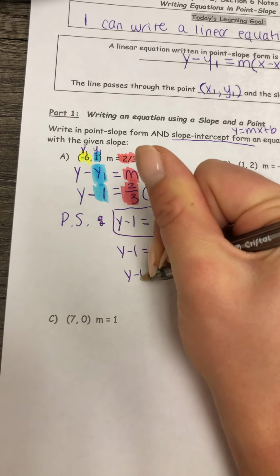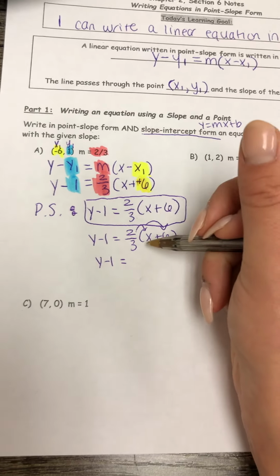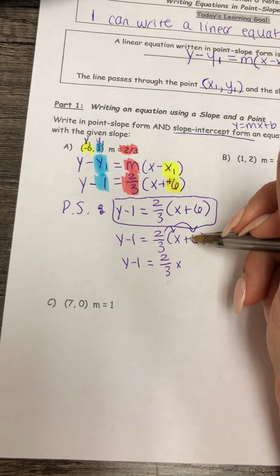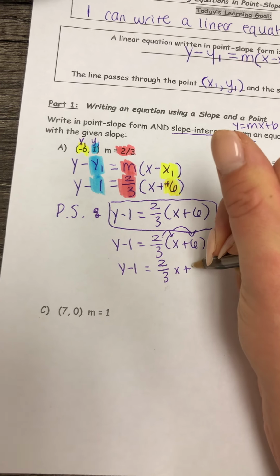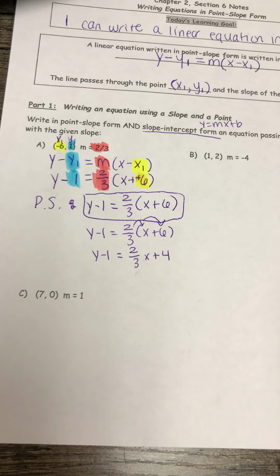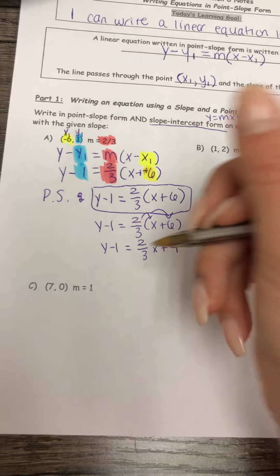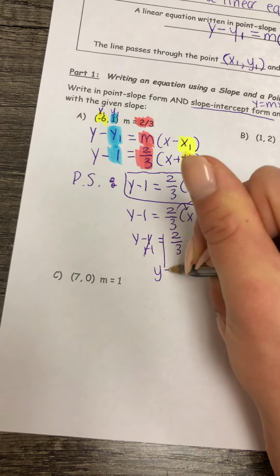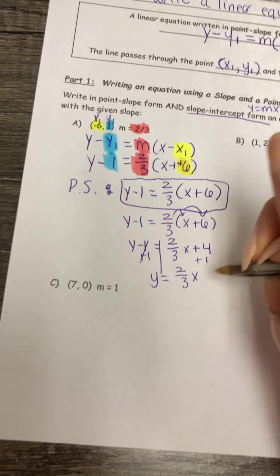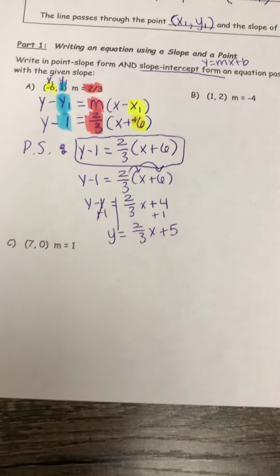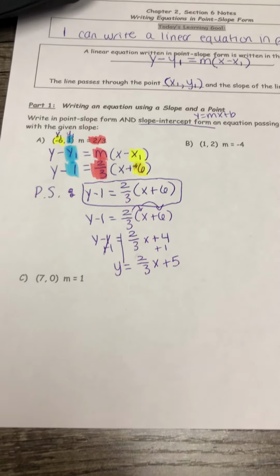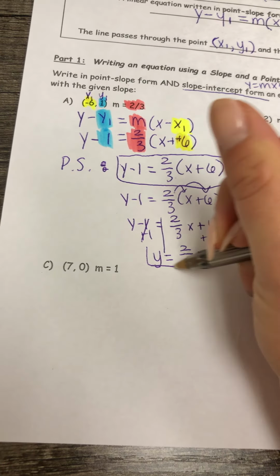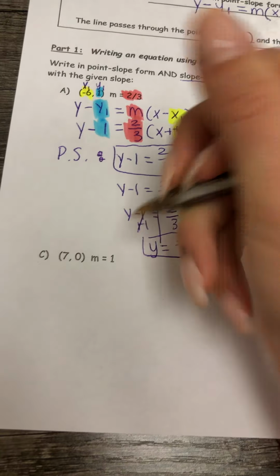So my left side will be the same. 2/3 times x is 2/3 x. 2/3 times 6 is going to give me 4. Now I want y all by itself, so I'm going to add 1 to both sides, and I get y is equal to 2/3 x plus 5. Okay, so that would be my slope intercept form, and you can label that.